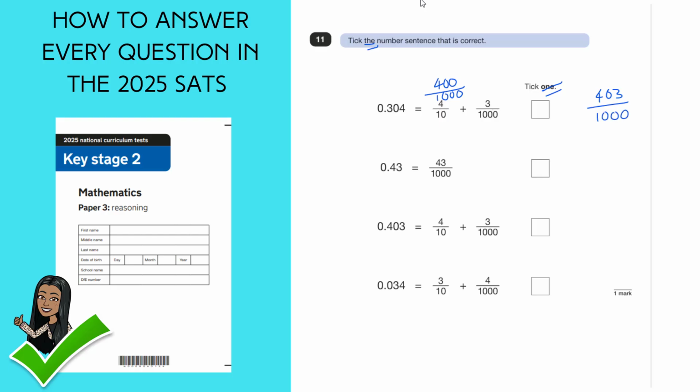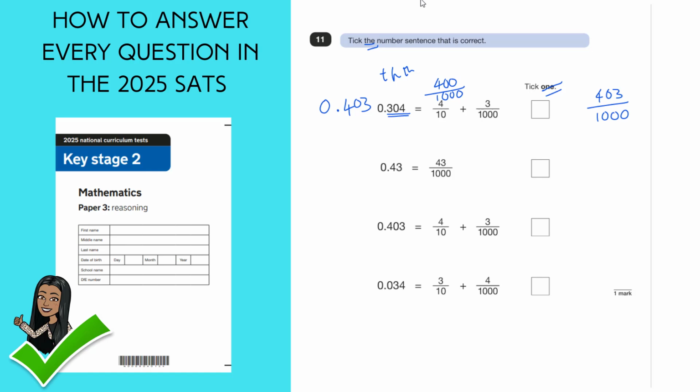And that would be equal to 0.403. 1,000 is 3 decimal places. Our first decimal place is a tenth, our second decimal place is 100th, and our third one is 1,000th. So as there are 3 decimal places, it's saying this is the same as 304 over 1,000.